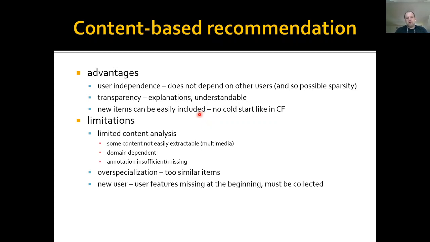Because feature extraction is automated and done right after a new item is added to the database, we do not have a cold start problem like in collaborative filtering. There, when we add new items to the collection, we must wait until some users rate the item before we can recommend it, and this could take ages. But in content-based filtering, this is not a problem. We can immediately compute similarity on the features and put this item into the recommending process.